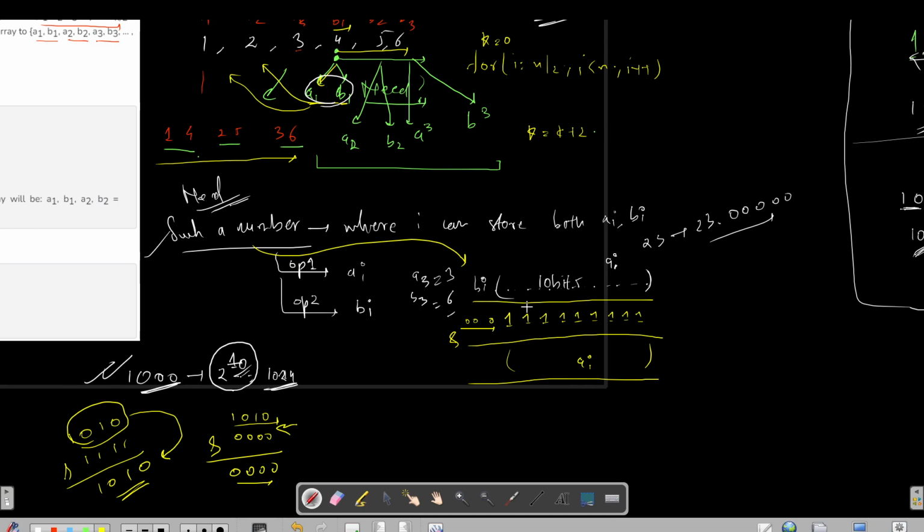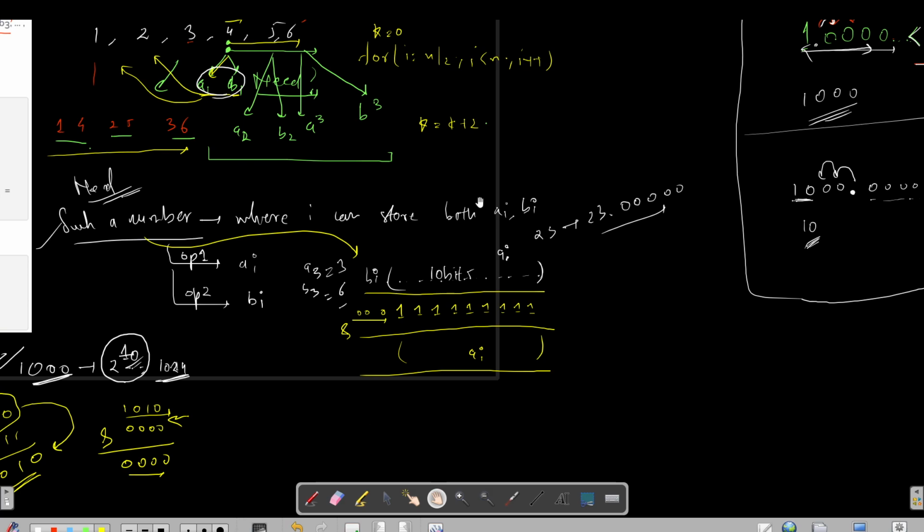I hope that is clear. I cannot explain it better than this. So this would be your first operation with which I can extract AI.